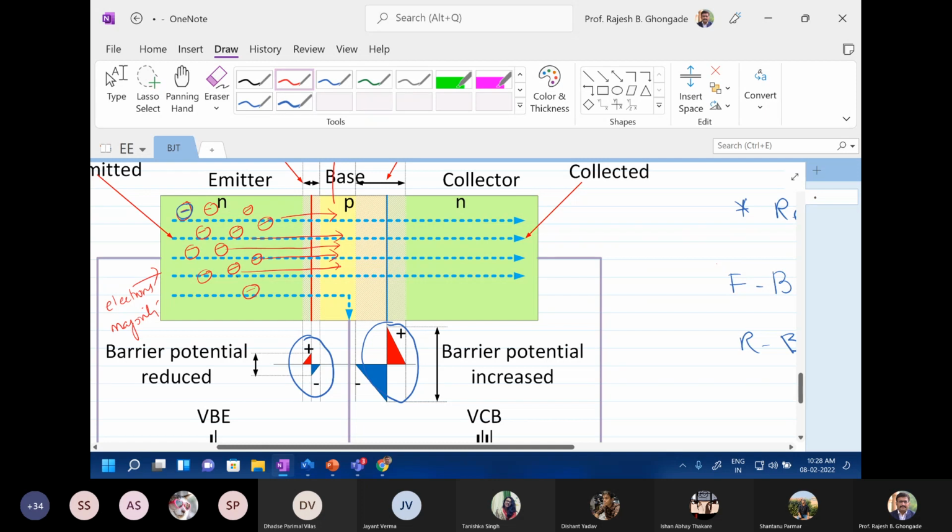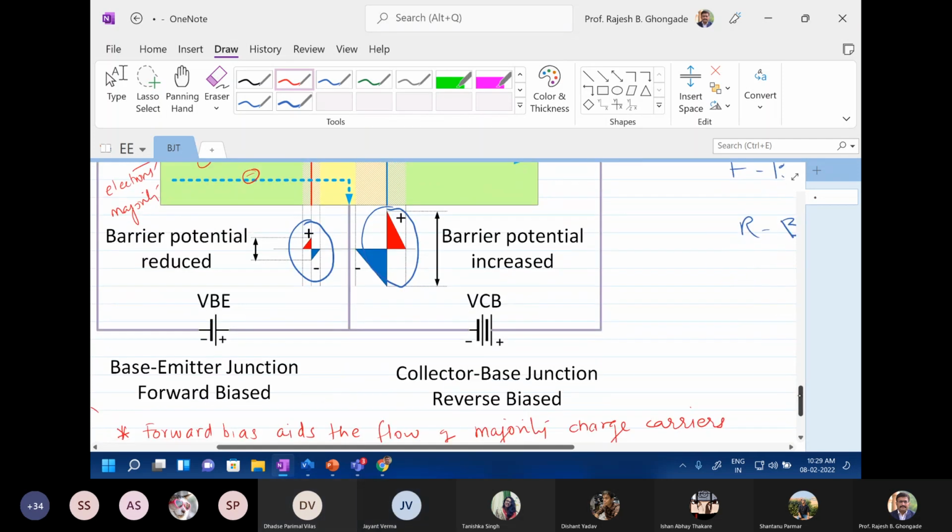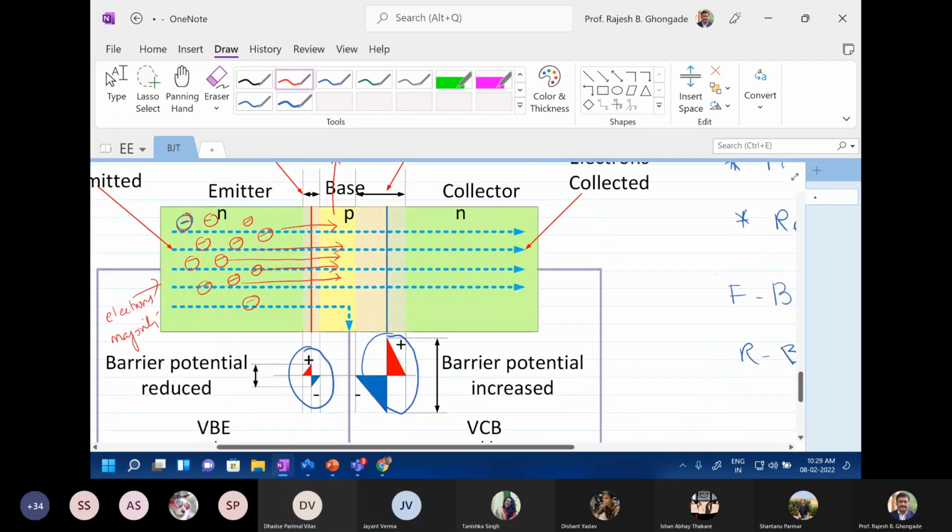Now this majority charge carriers come over here in the p-type base. अभी देखो p-type base में ये क्या है, मेजॉरिटी चार्ज कैरियर से या माइनॉरिटी चार्ज कैरियर से? ये जो इलेक्ट्रॉन्स यहाँ पे आ रहे हैं, the electrons which are migrating into the p-type base, are they majority charge carriers or minority charge carriers in p-type region? Sir, minority charge carrier. They are minority charge carriers.